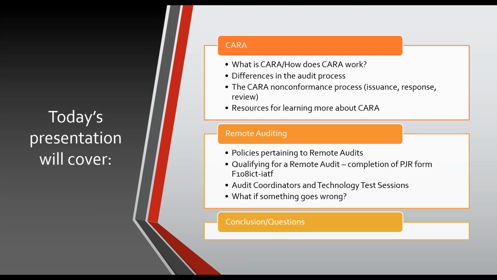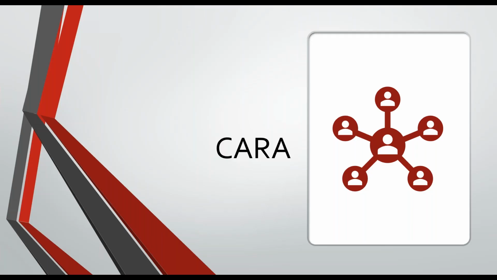We'll then shift gears and go into IATF remote audits. We'll cover some policies, talk about qualifying for an IATF remote audit, and what needs to happen if something goes wrong. From there, we'll have just a couple concluding remarks and then your questions. So let's begin with CARA.